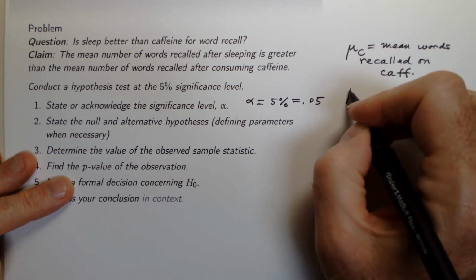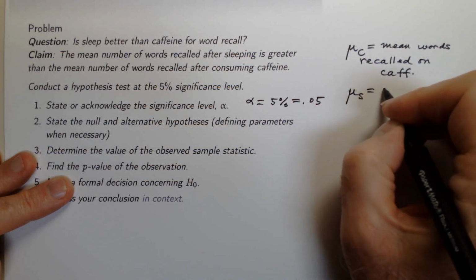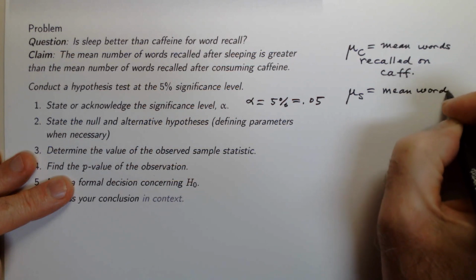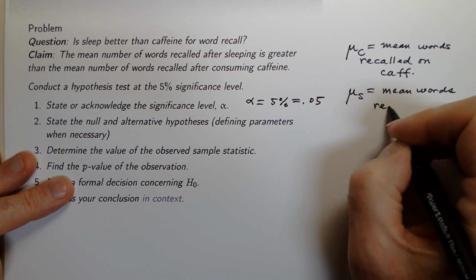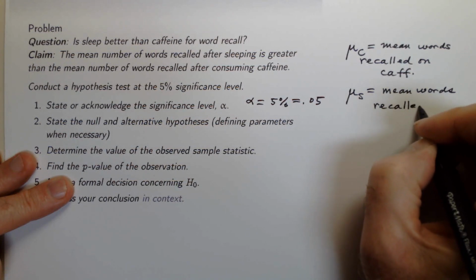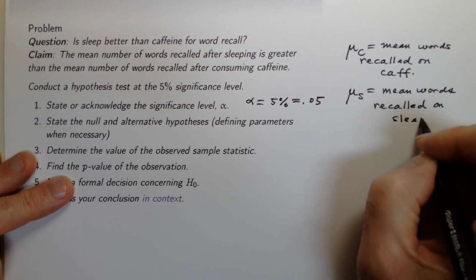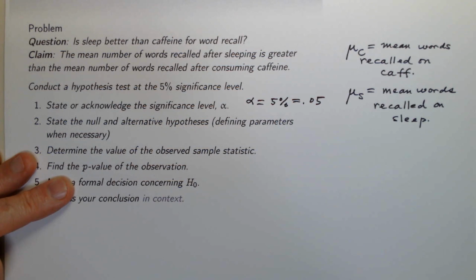And then there will be the corresponding mu sub s, and this is the mean words recalled, we could say on sleep. So that's after taking that significant nap. All right, so those are the two parameters that we're working with.